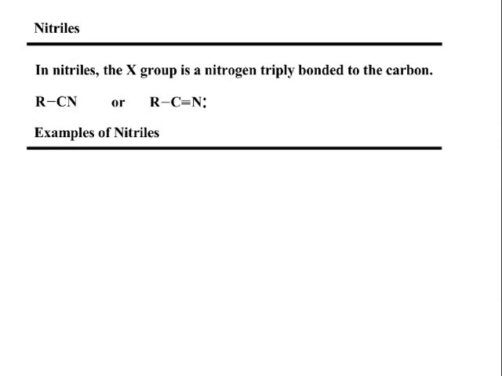Some examples of nitriles. This is known as ethane nitrile. That's not how chemists typically refer to it, though. We typically refer to it as acetonitrile, and it's a very, very good organic solvent. Very useful in a variety of reactions and analytical techniques that we use. Acetonitrile used to be extremely cheap.